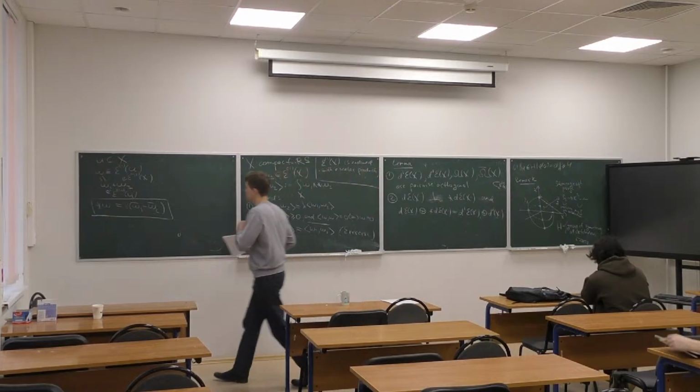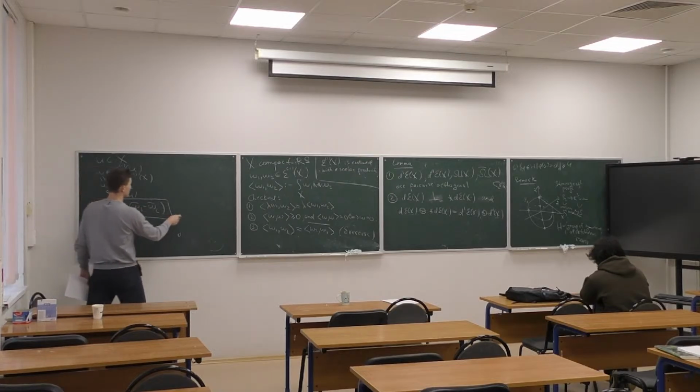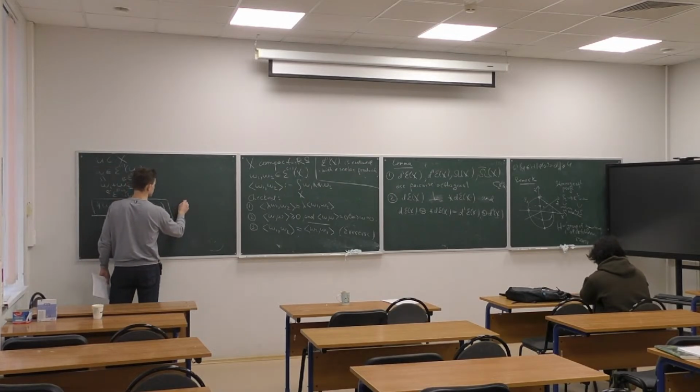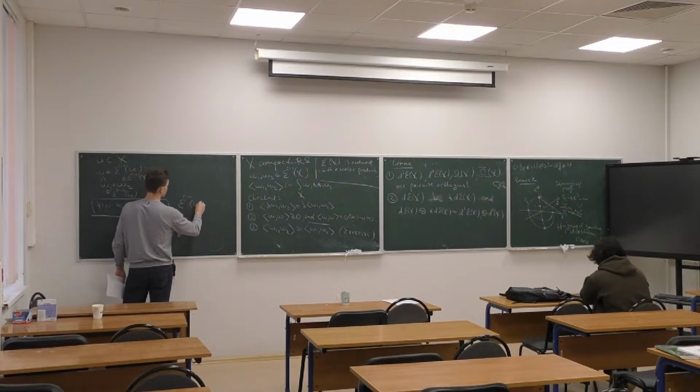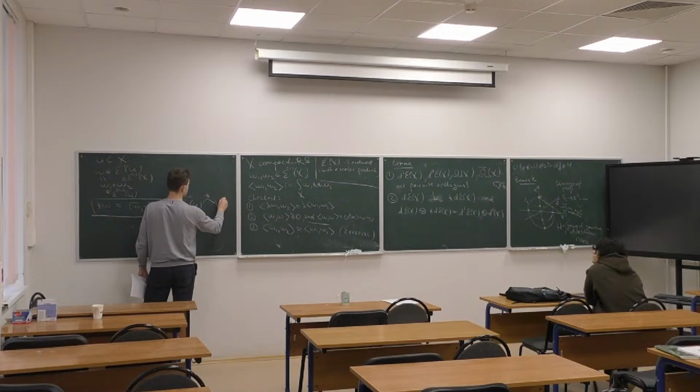But also I want to note here immediately that from this formula, it follows that this operation star moves forms of type 1, 0 to forms of type 0, 1.